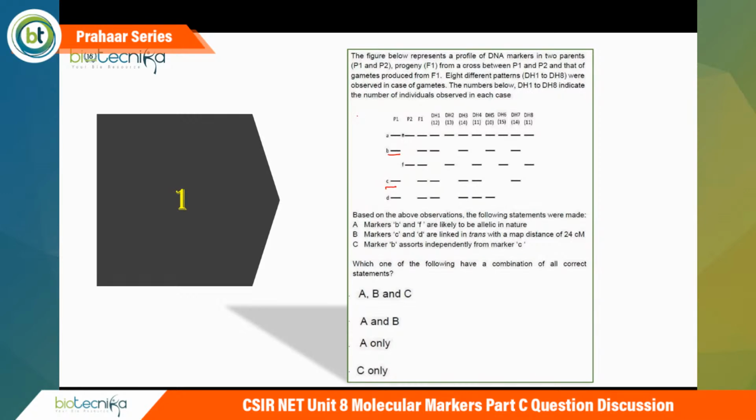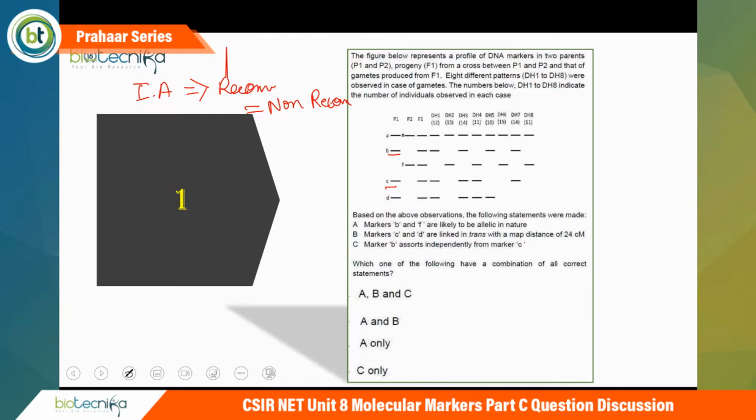So if B and C are assorting independently, then what should be the situation in independent assortment? In case of independent assortment, the proportion of recombinants should be equal to the proportion of non-recombinants, right? Each should be 50%, isn't it? If the genes are independently assorting, recombinants and non-recombinants should be in equal proportion.